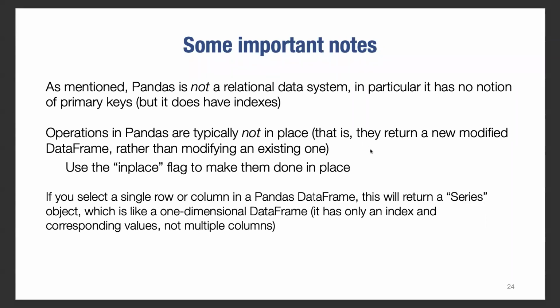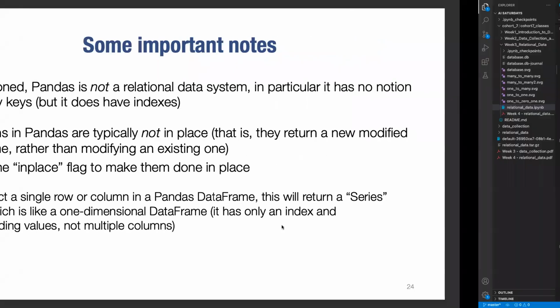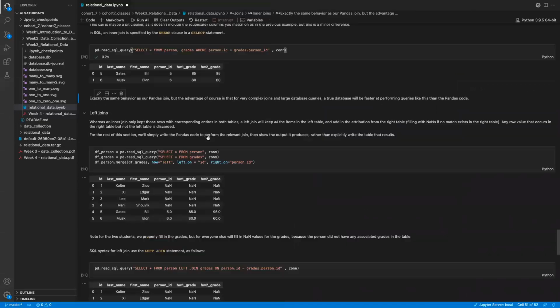After this slide, I'm going to go into the code so that we don't get lost. If you select a single row in pandas, it is going to return a series object, which is a 1D data frame, but doesn't have multiple columns, and is also not well formatted. All right, enough of all this English, let's get into something interesting.